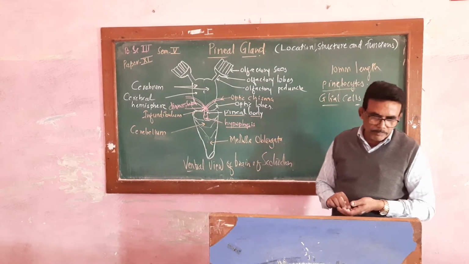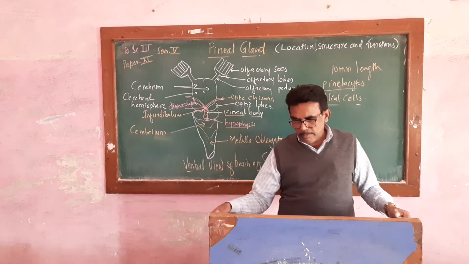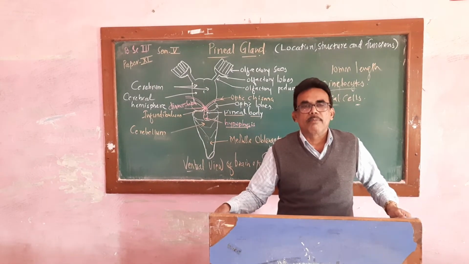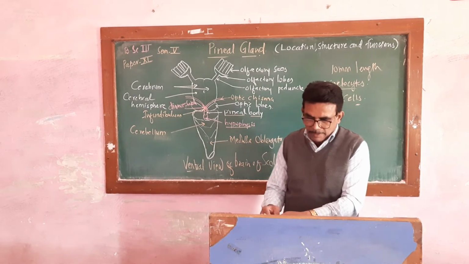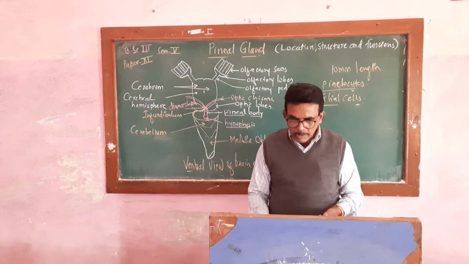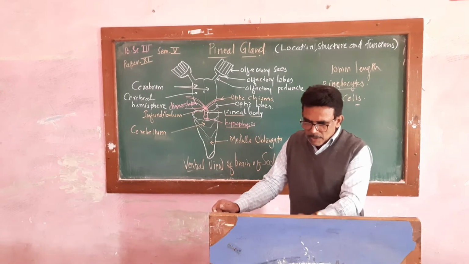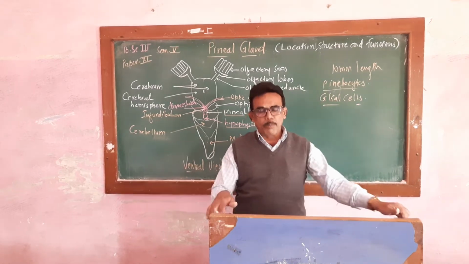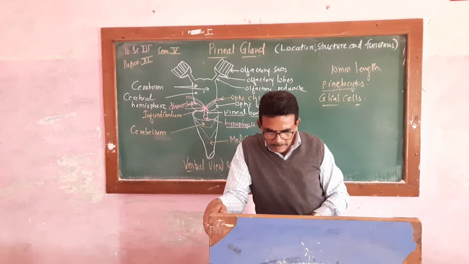You know, this particular gland shows different functions. There are different functions attributed to this gland. The main function is the regulation of biorhythms of the body, so that they are maintained.